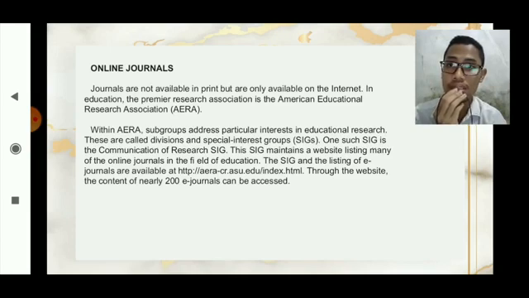This SIG maintains a website listing many of the online journals in the field of education. The SIG and the listing of journals are available at aera/gresu.edu/index.html. Through the website, the content of nearly 200 e-journals can be accessed.